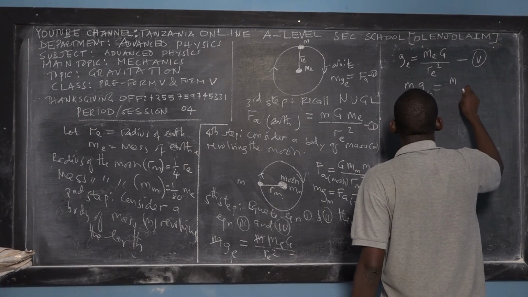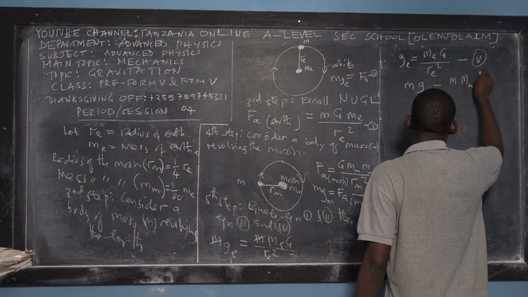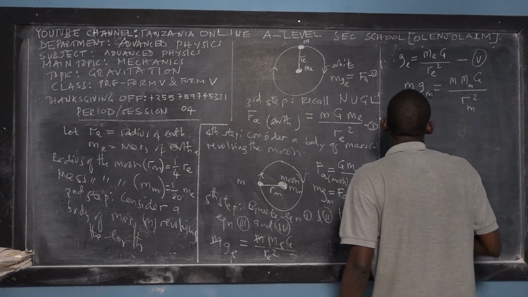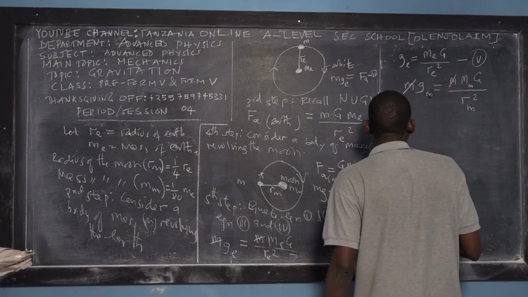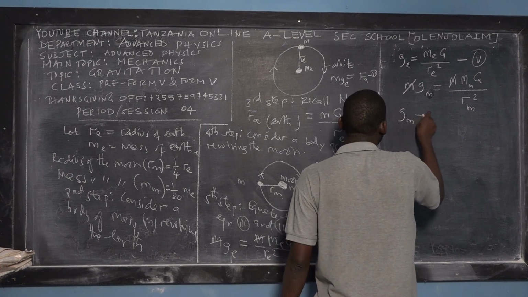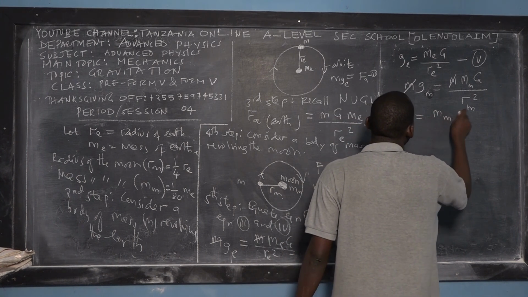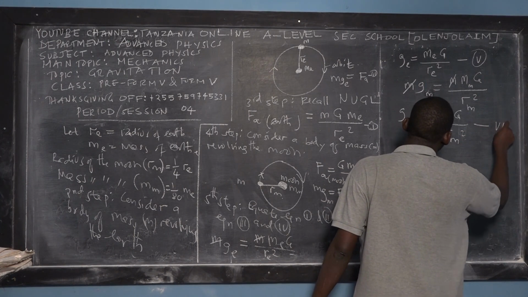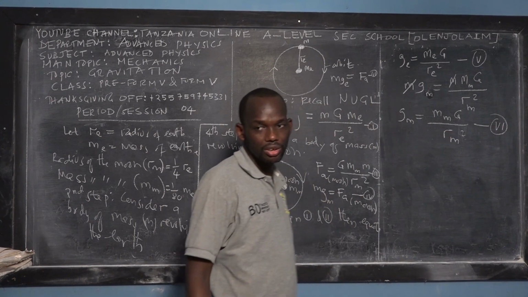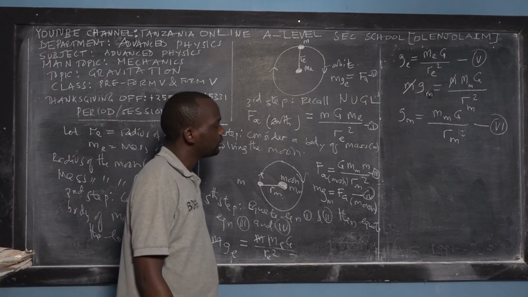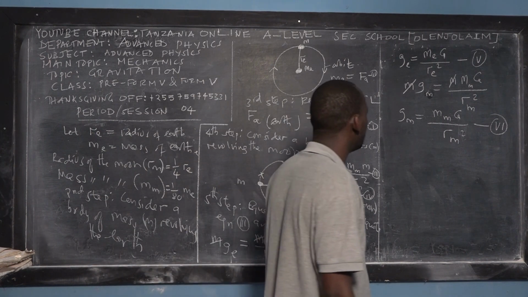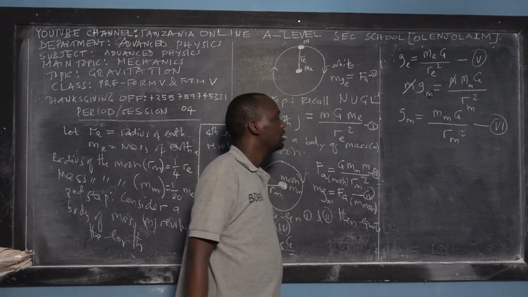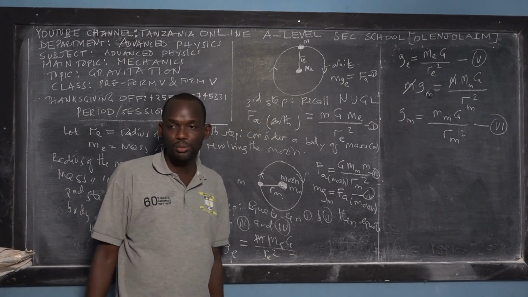We have the mass of the body, the mass of the moon, times the gravitational constant, over the radius of the moon squared. So the mass of the body cancels. So the acceleration due to gravity on the moon surface is equal to the mass of the moon, gravitational constant, over the radius of the moon squared, and this is equation 6. I think that you still enjoy it, but I don't know if you have got it. The question was asking us to find the acceleration due to gravity on the surface of the moon.